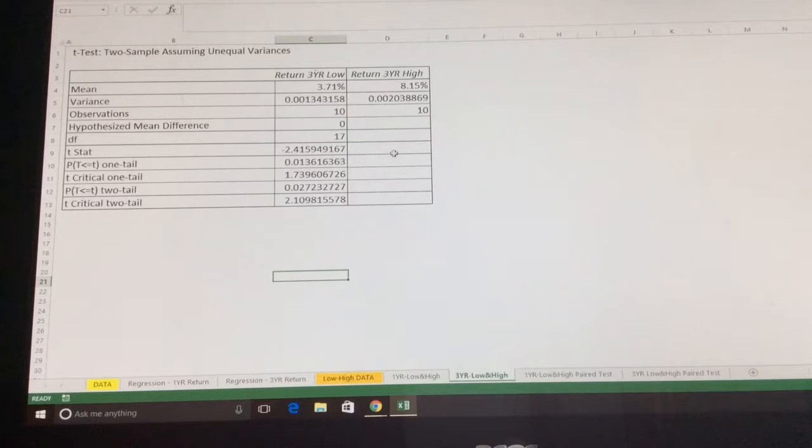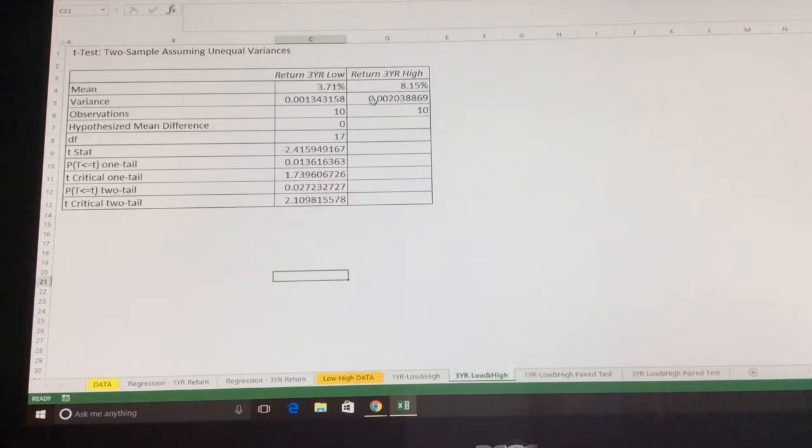Again, we see about 3.71% on the 3-year with the low Sharpe ratios, and about 8.15% with the funds that had the highest Sharpe ratios. So again, we're seeing significant data showing that the funds having the highest Sharpe ratios had a higher return.